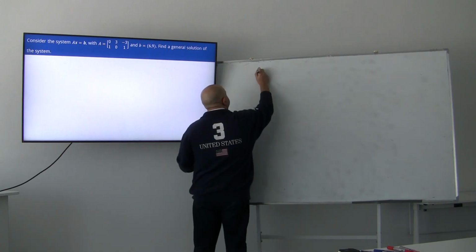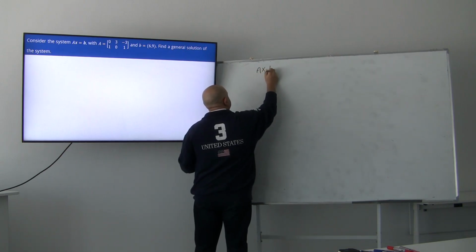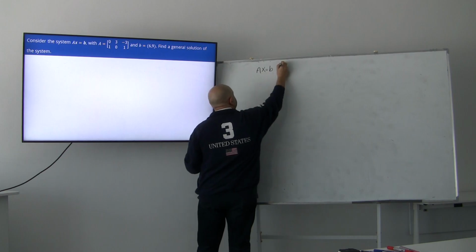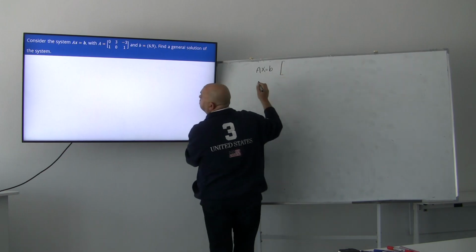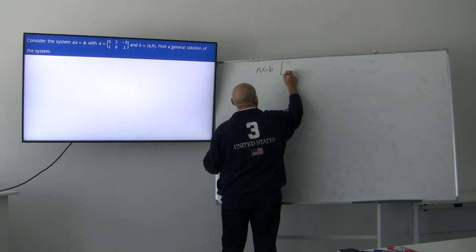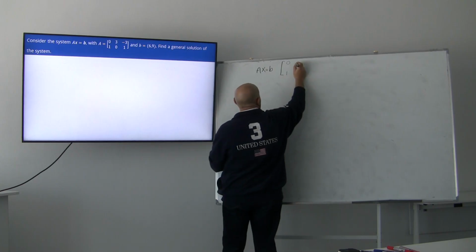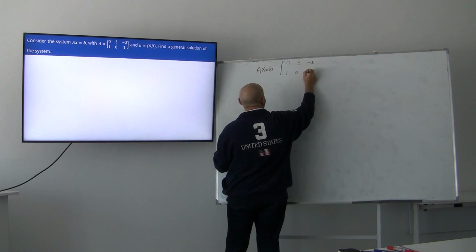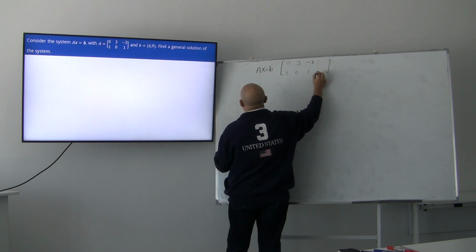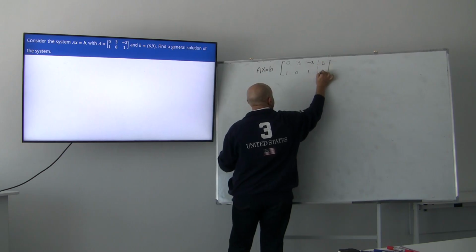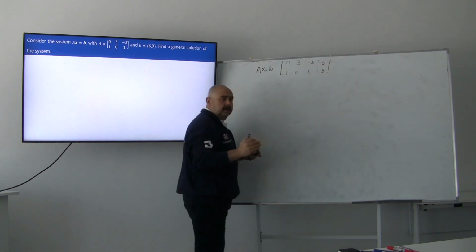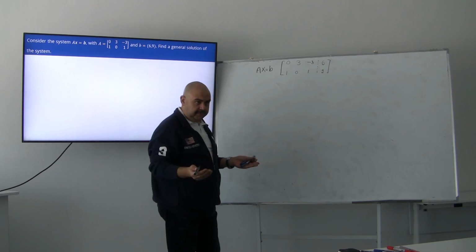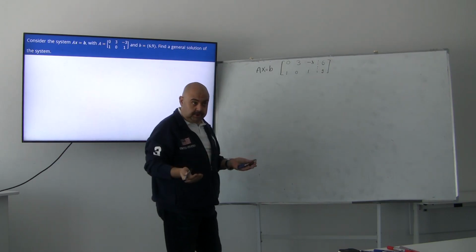Now I will need to go through AX equal B. In augmented matrix form, it's going to be 0, 1, then 3, 0, then negative 3 and 1, and the B column, which is 6 and 9. I will try to go for the reduced echelon form in order to get our solution.